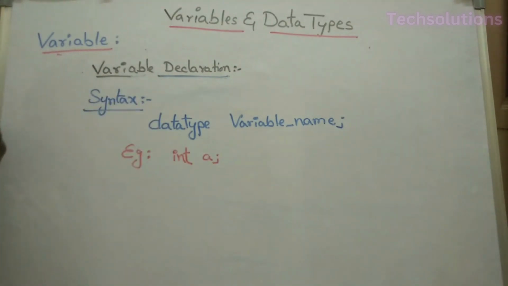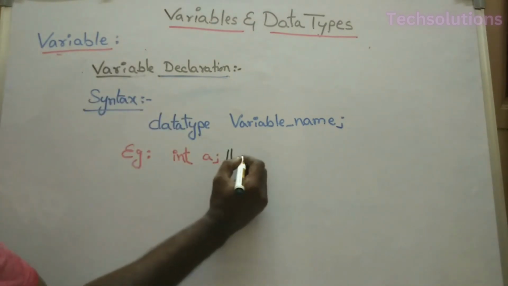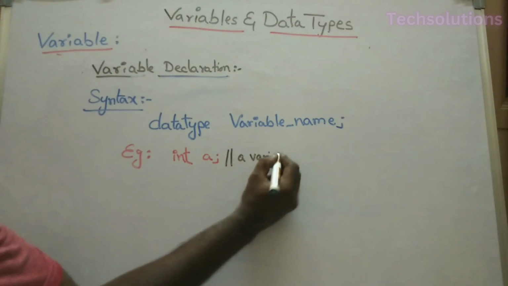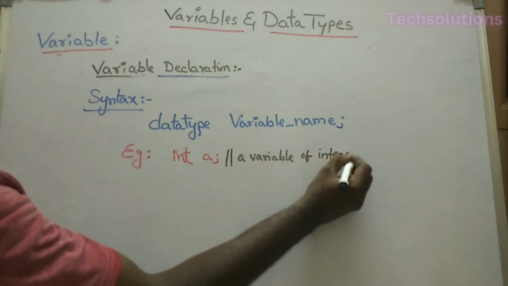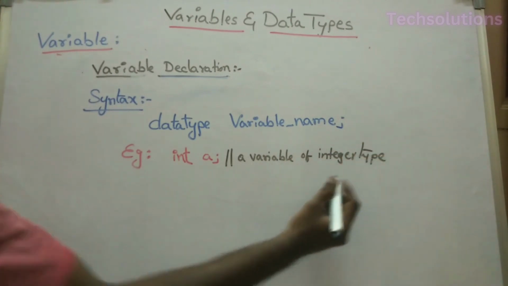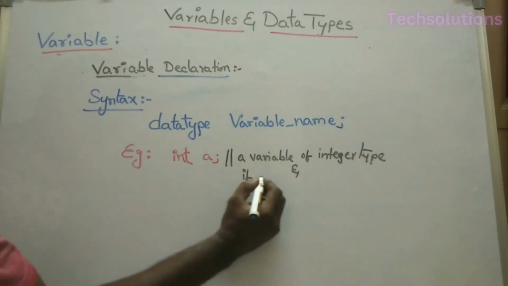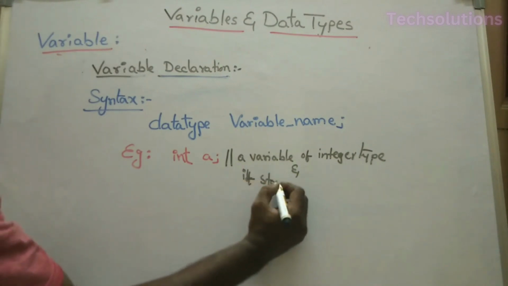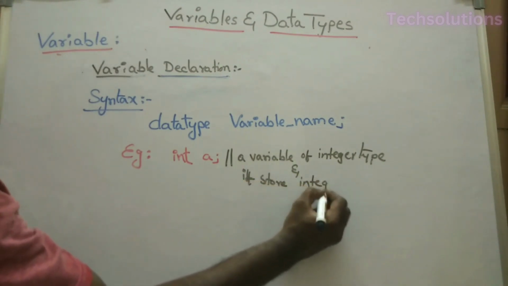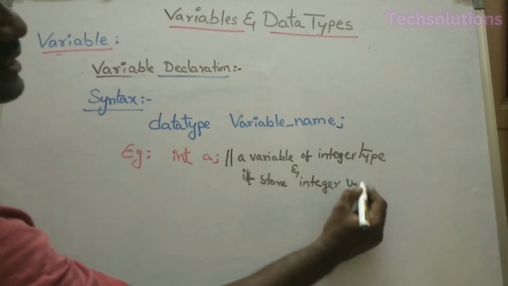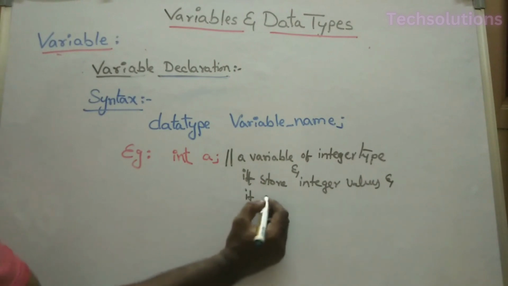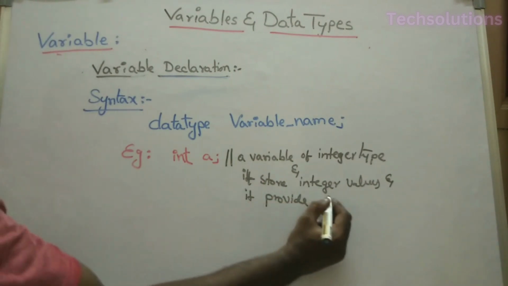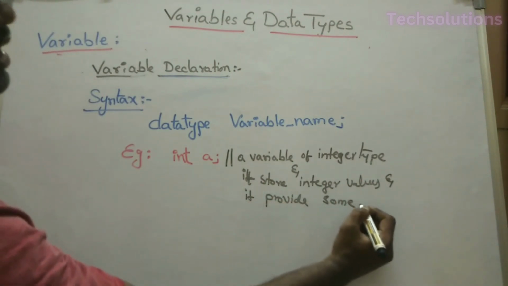Now what is the meaning of this statement? Here I can say a is a variable of integer type, and it stores integer values only, and it provides some memory space.